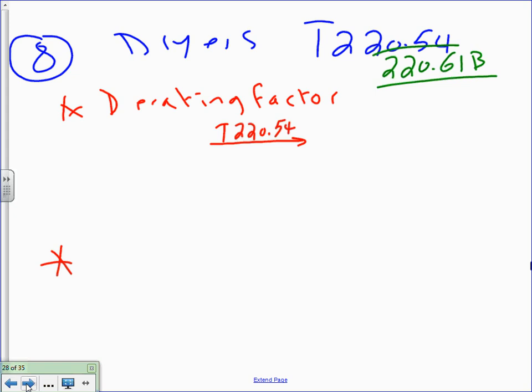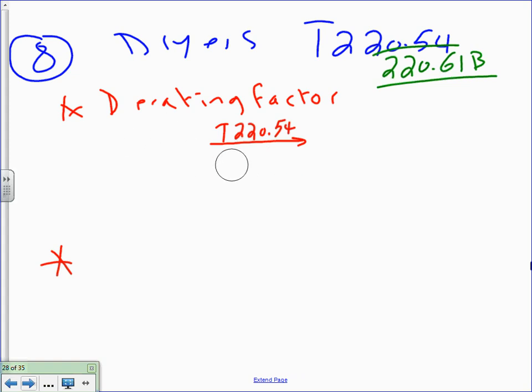Dryers. Okay, let's go to dryers. What was the size of the dryer that I gave you guys? Was it 6 kVA? Okay, I have 6 kVA. And how many of them do I have? 10. This is the number of dryers.